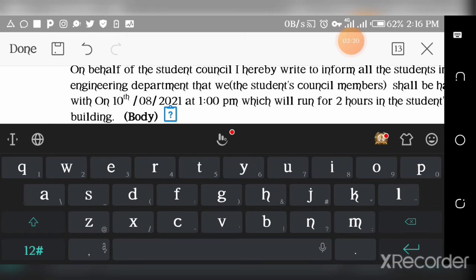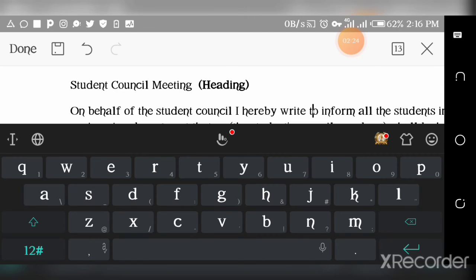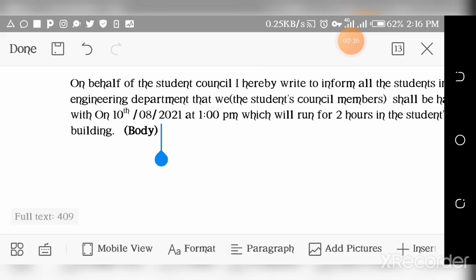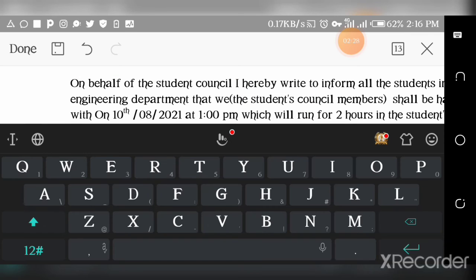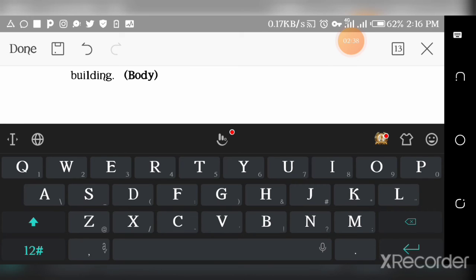The name of the writer was Kato Jeremiah, the president of the student council who wrote this notice. So let's have him here next.